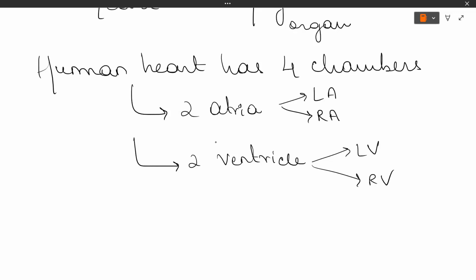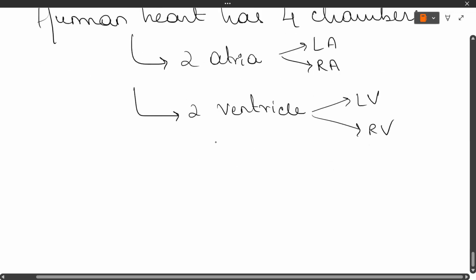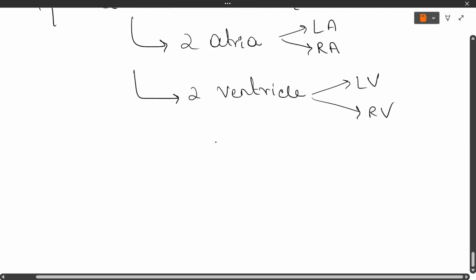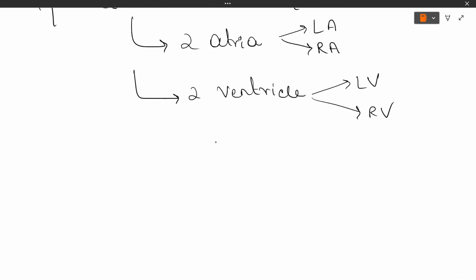The lungs will provide oxygen to the blood, making it oxygenated blood. Then this blood is given to the heart, and the heart pumps it out to the whole body. Understood?